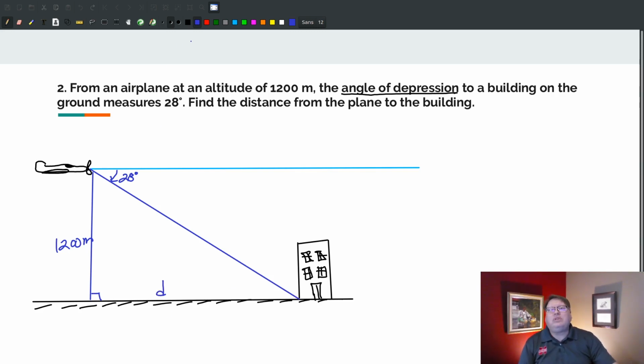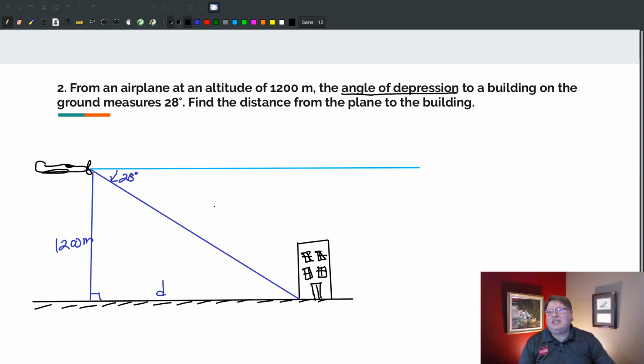I want you to think back to your Math 2 days when you did parallel lines, because the ground, which we're assuming is flat, is parallel to this horizontal trajectory of the plane.